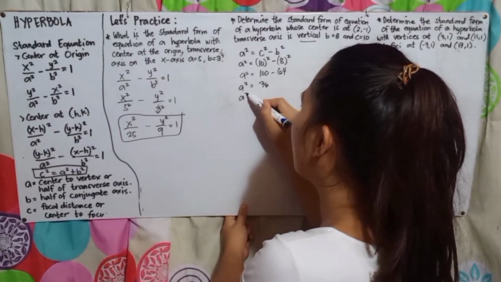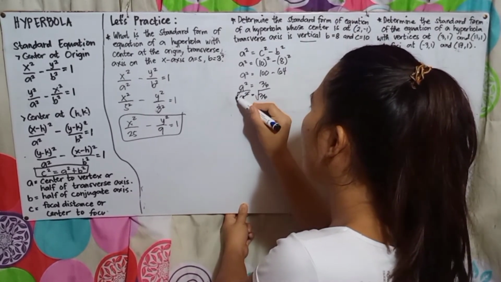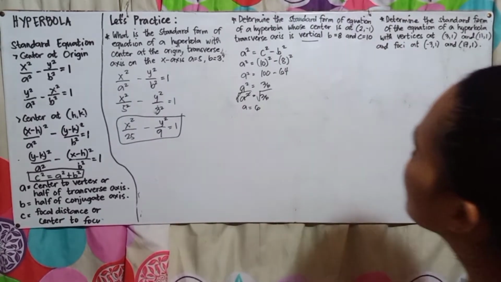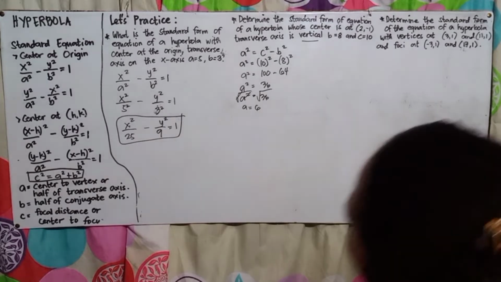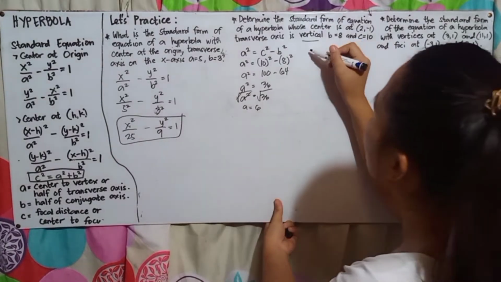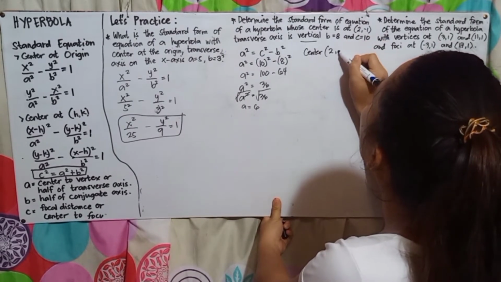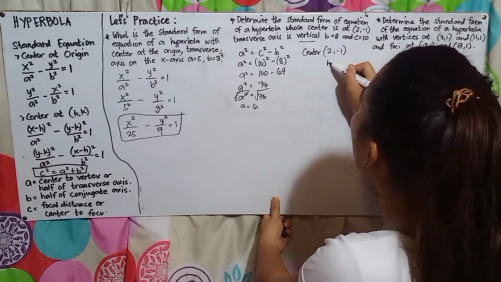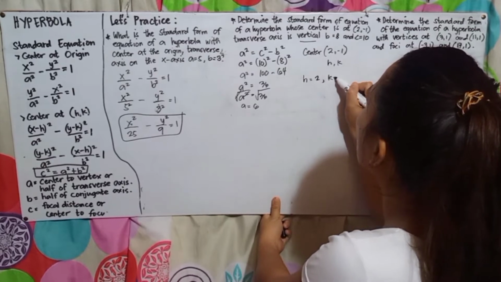So, A squared is 36, square root, para ma-cancel ang radical. So, A is 6. Okay, so since our center is 2, -1, our center is in the form of h, k. So, therefore, our h is 2, our k is -1.